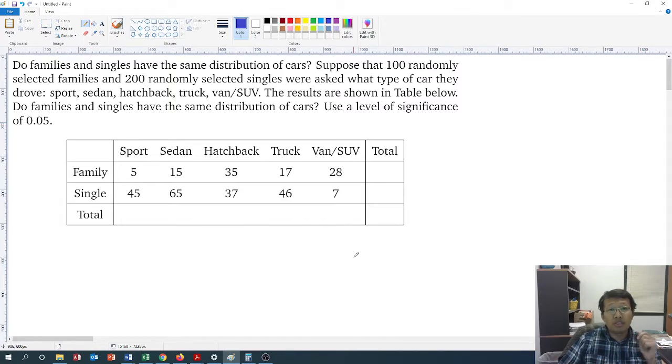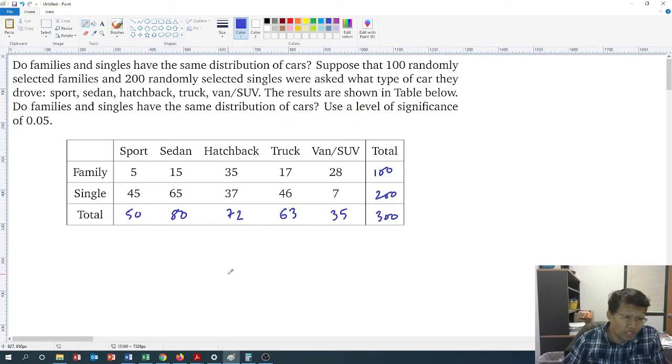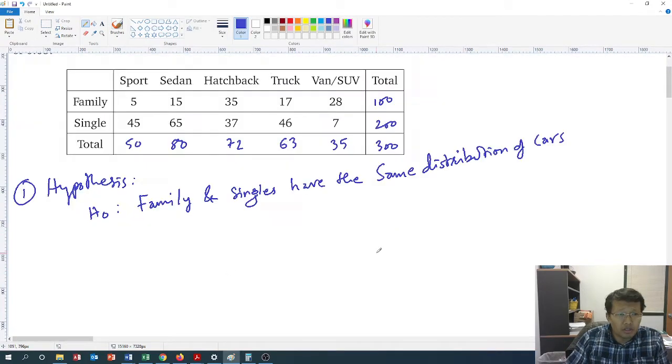Now here you can clearly realize that it is saying that 100 randomly selected families and 200 randomly selected singles. So this would be 100, right? And this is 200, so this would be 300, right? So there's the calculation. And now let us go for the null hypothesis and alternate hypothesis. Null hypothesis: families and singles have the same distribution of cars.